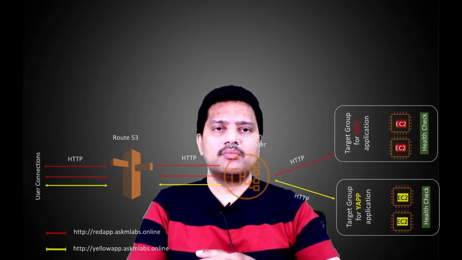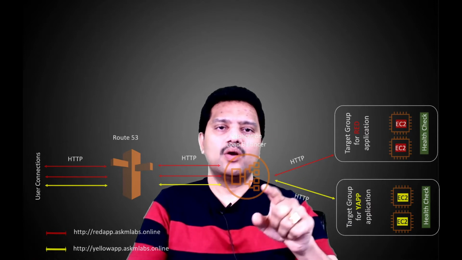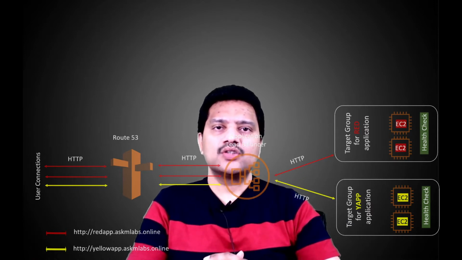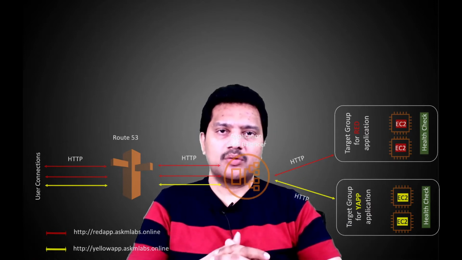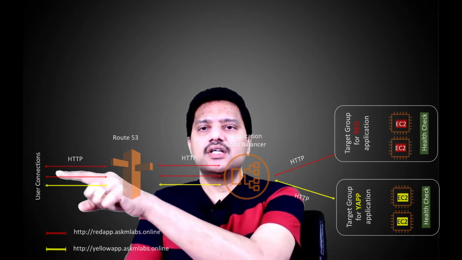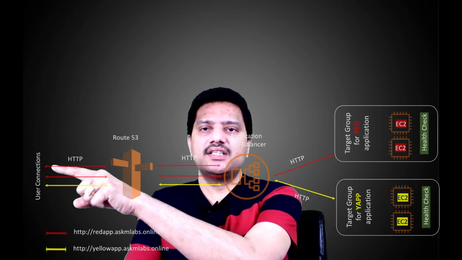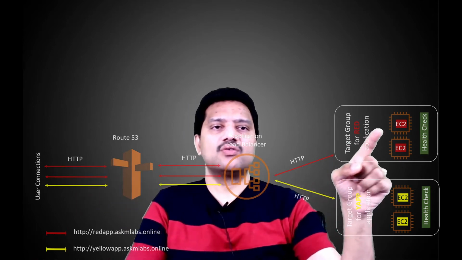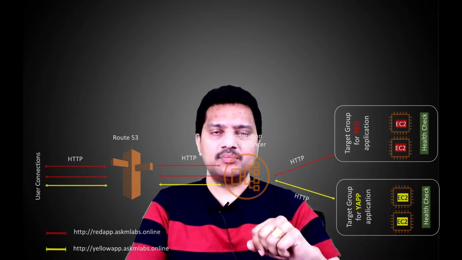Now, let us talk about the load balancer. We are using an application load balancer to load balance our client requests. The client is originating his request to access one of these apps.